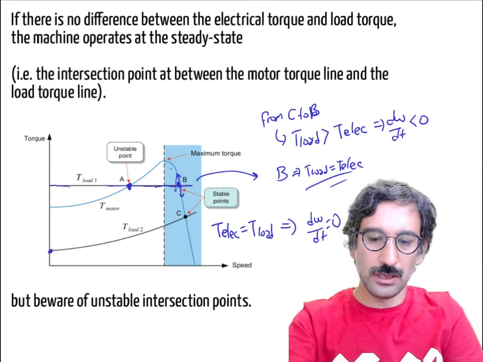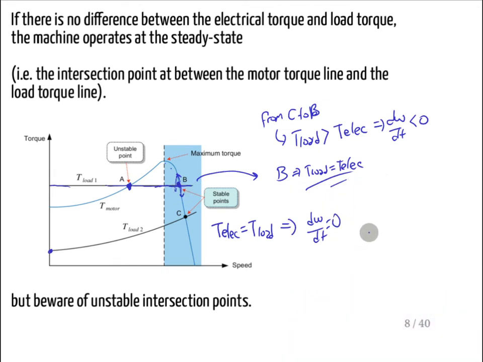Let me draw point B. So this is your point B. If you go there by delta X, then you will have more torque. So at that point, the system tries to increase its speed. And I'm talking about really small changes here.